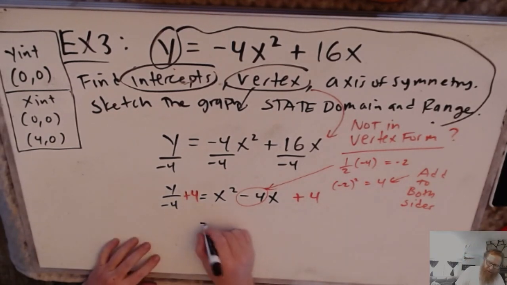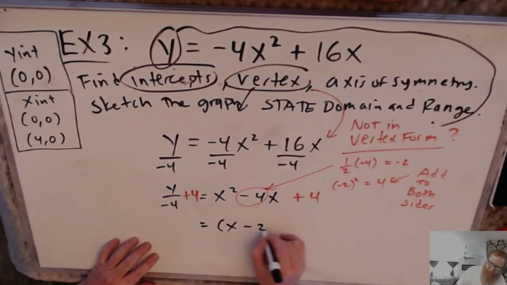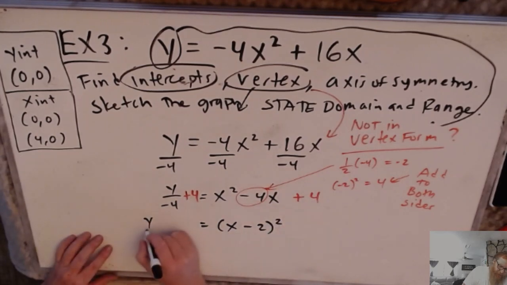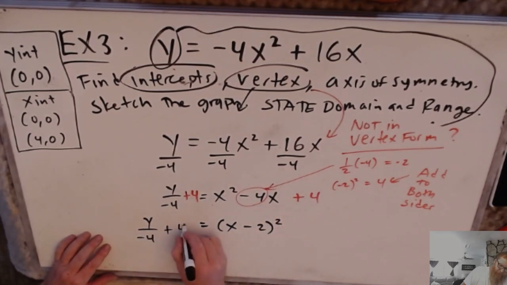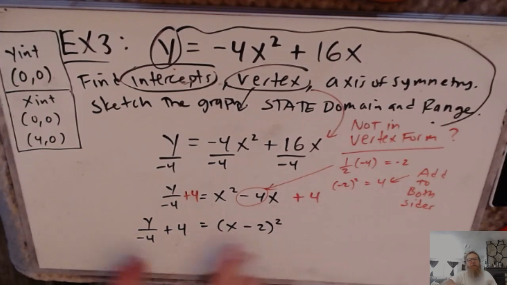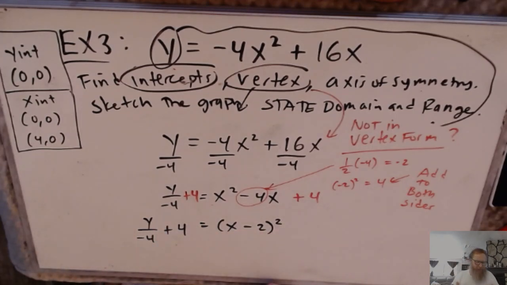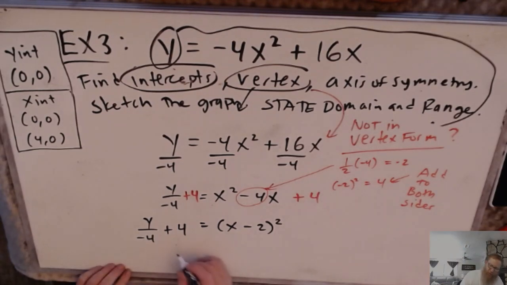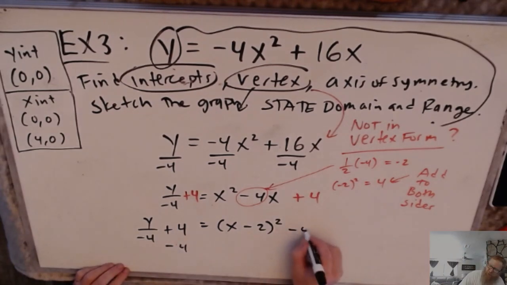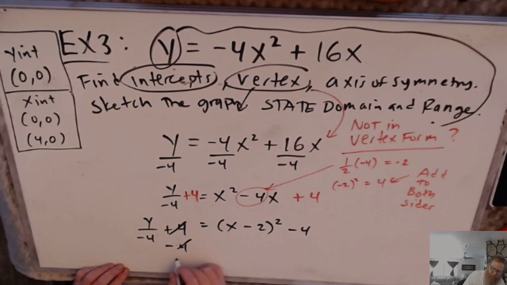Now you're going to factor the right-hand side. And then you're going to unpack the garage. Everything needs to move back onto the other side. So we're going to go -4, -4.